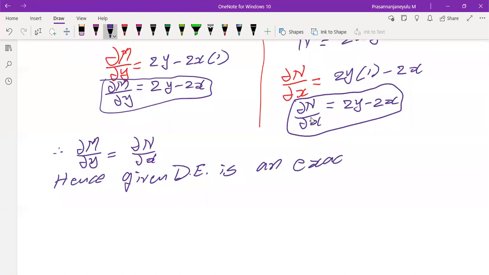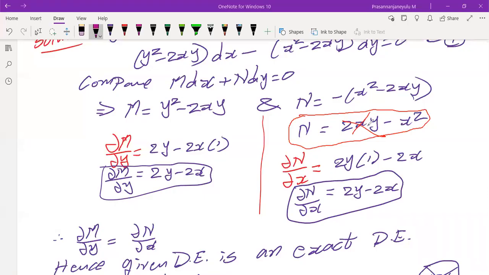Now I'll give a few problems you have to do. It is an exact differential equation. What is the general solution? Then the general solution is, what is the formula of the general solution? I will ask someone. In our N function, we are having 2xy minus x square. We need terms independent of the x variable, that means which do not contain the x variable.